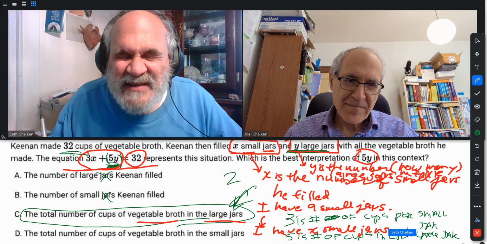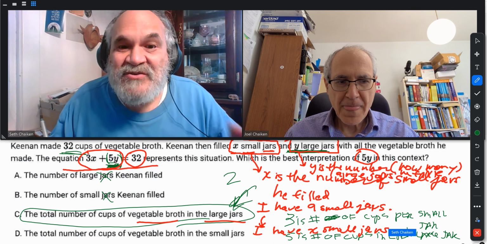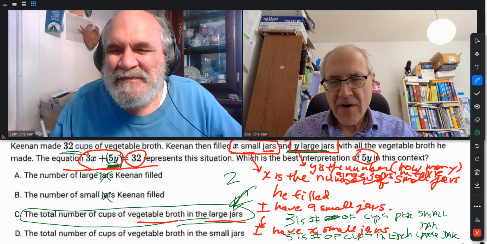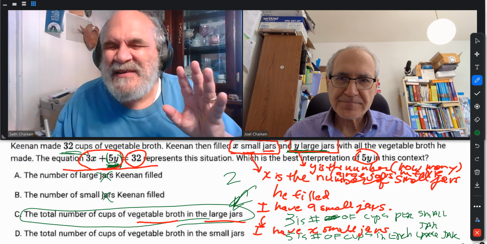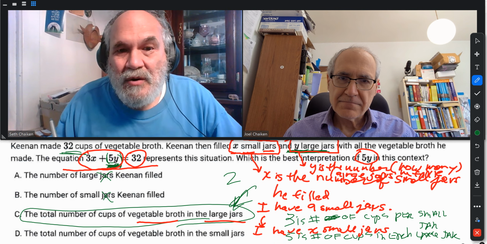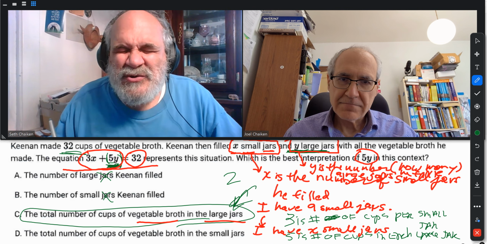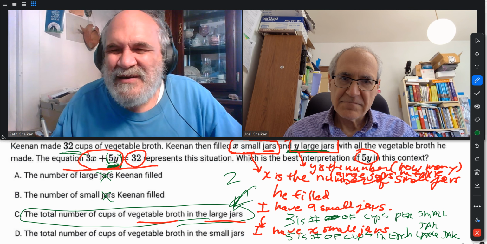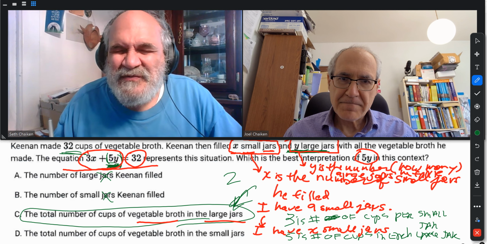Yeah, so this is analogous to English, and it's perfectly clear. It is perfectly clear once you get used to what they teach in algebra, using letters to stand for numbers.